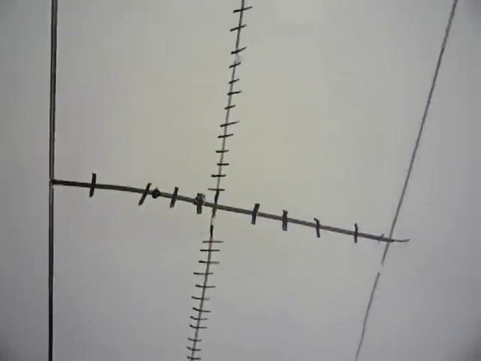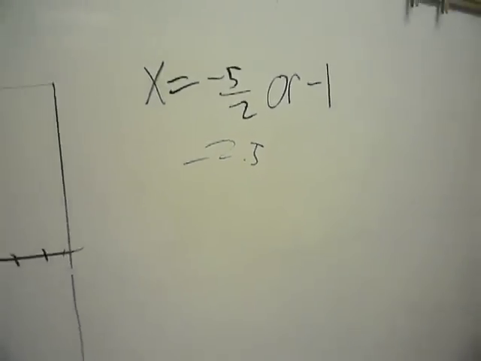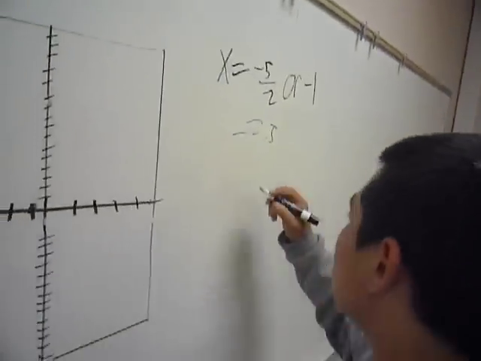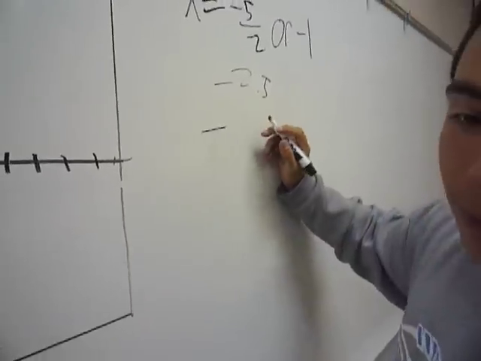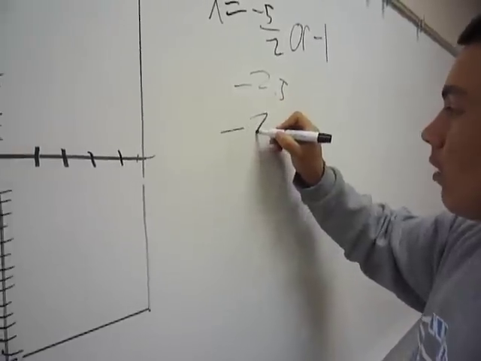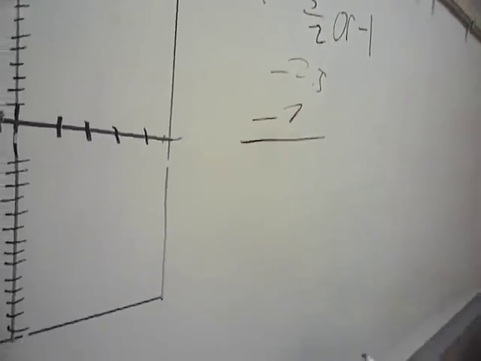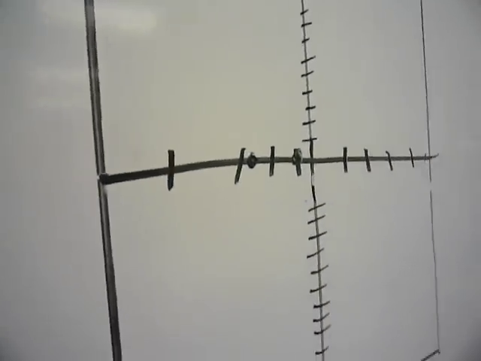Okay, now I'll be finding the vertex of this parabola, which is the lowest point or the highest point on the graph. So it will be negative b, and if you remember, our b was 7, so it'll be negative 7 over 2a, and our a was 2, so it'll be over 4.